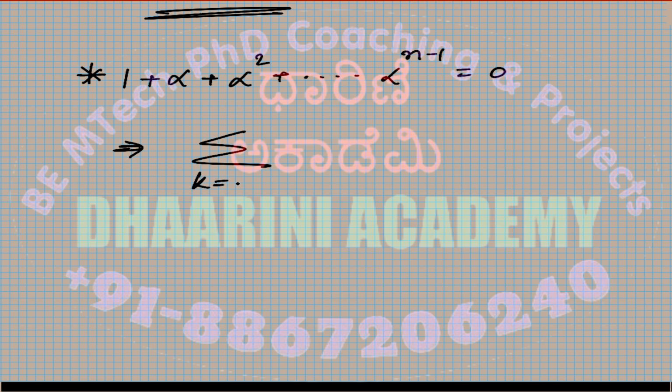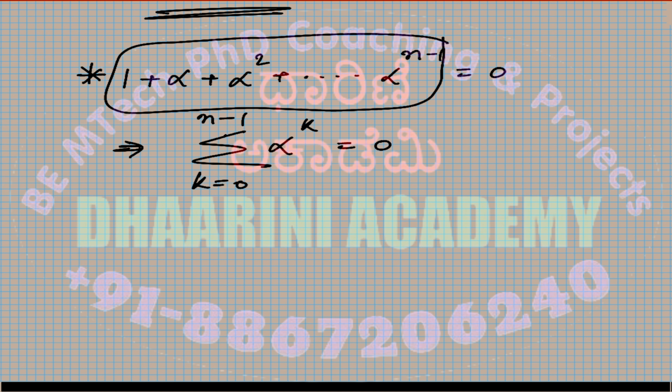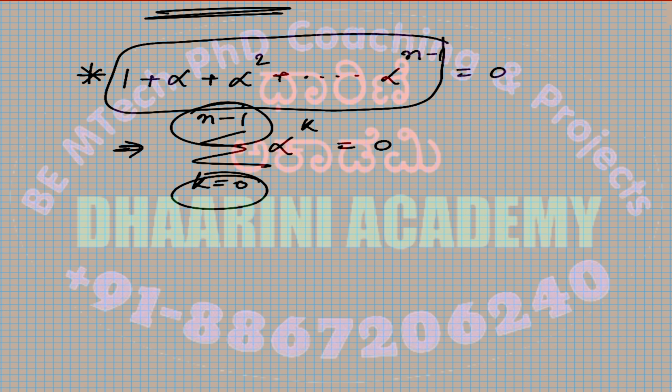Summation k is 0 to n minus 1, alpha raised to the power k is equal to 0, because the left hand side is a summation, sum of alpha to the power 0, alpha to the power 1, alpha to the power 2, starting from 0 till n minus 1. Okay, so that's the meaning of this equation.